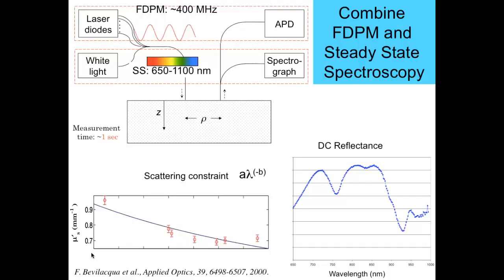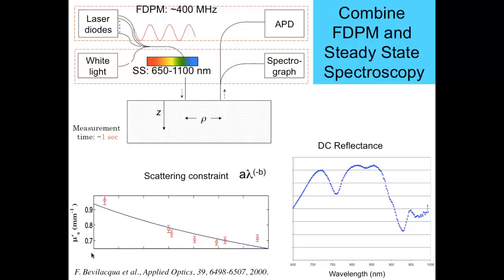And what we do is, with the time-dependent, the frequency domain methods, we measure mu sub s prime at a few wavelengths explicitly. DC reflectance is uncalibrated. It can vary depending upon the contact you have with the tissue. It's just a DC technique, and you don't know what the path length is and all that stuff.